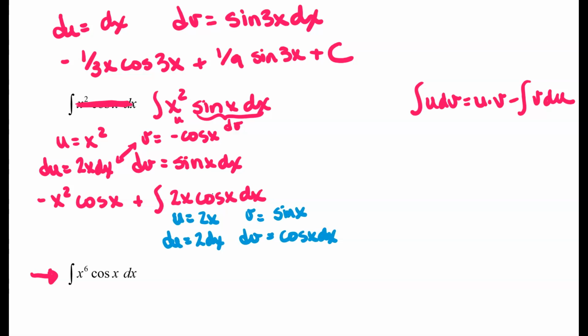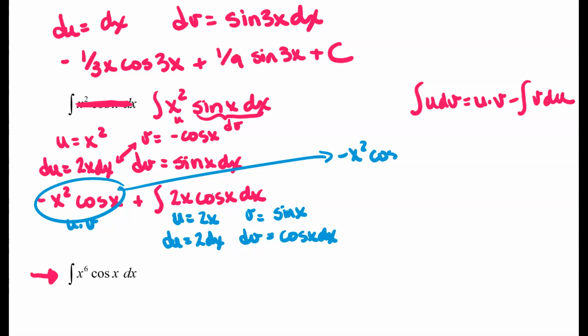All right? So here's the way this works. This original uv from the first parts has to stay in the problem. So there's my negative x squared cosine of x plus, so here's this plus being dragged over, and then my new integral has uv. So let's say that's 2x sine x.